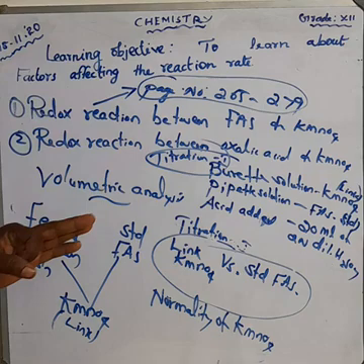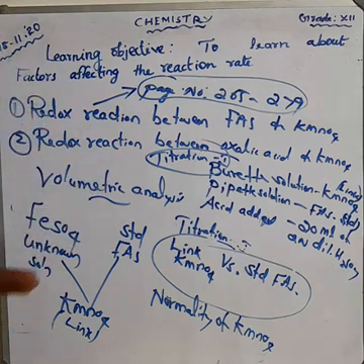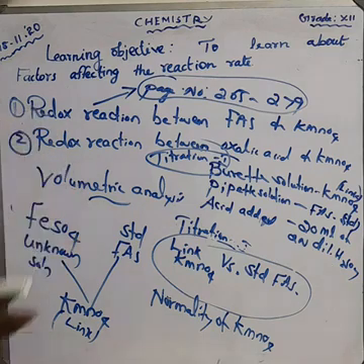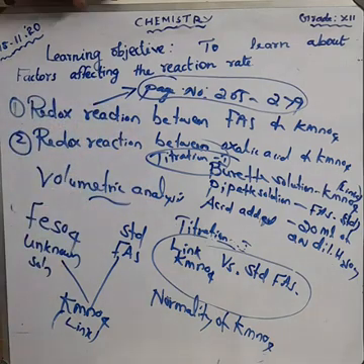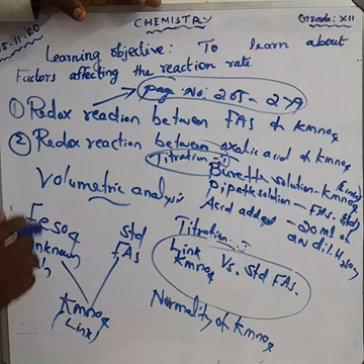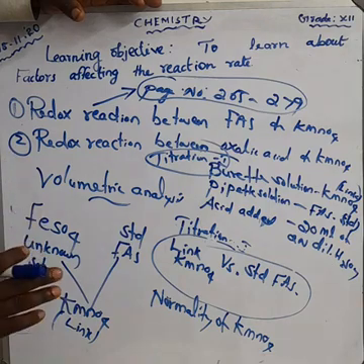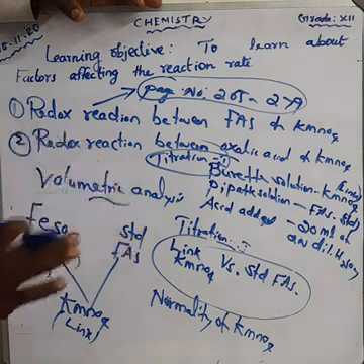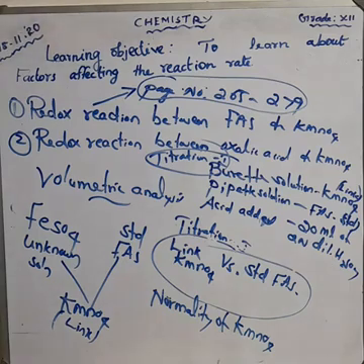Only for oxalic acid do we need 60 degrees Celsius. The indicator is a self indicator because potassium permanganate is pink, am I right? The end point is the appearance of a pale permanent pink color, which we shall learn during the practical time.